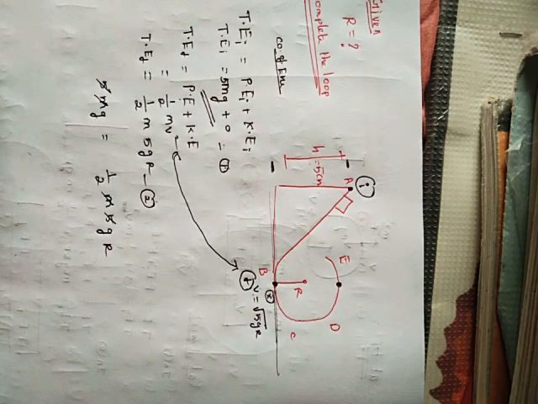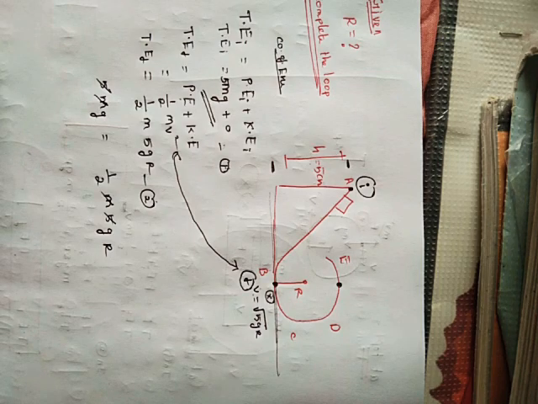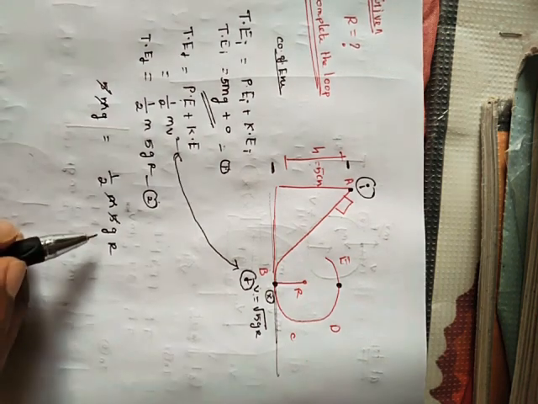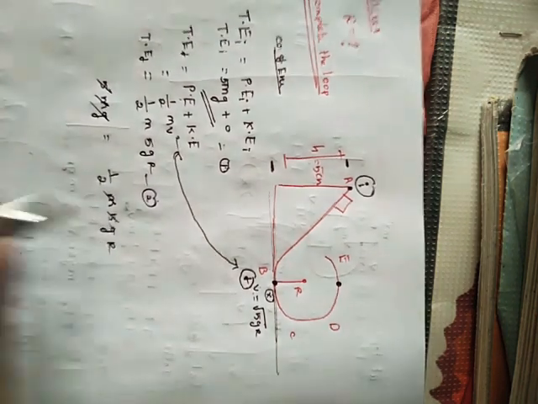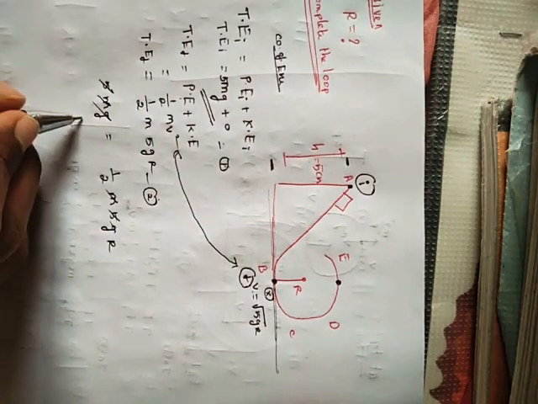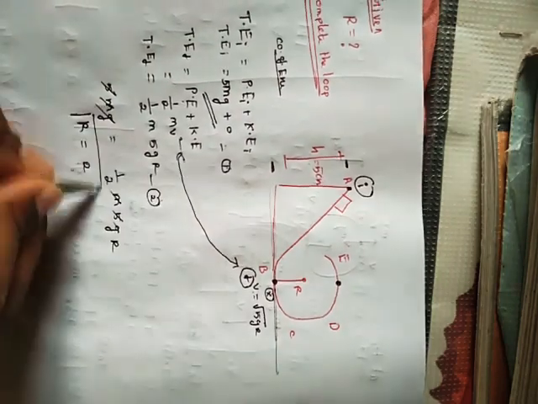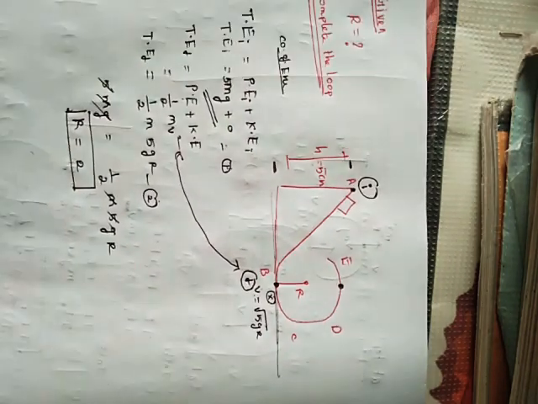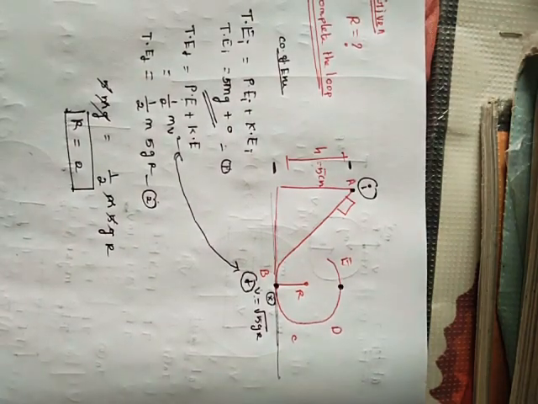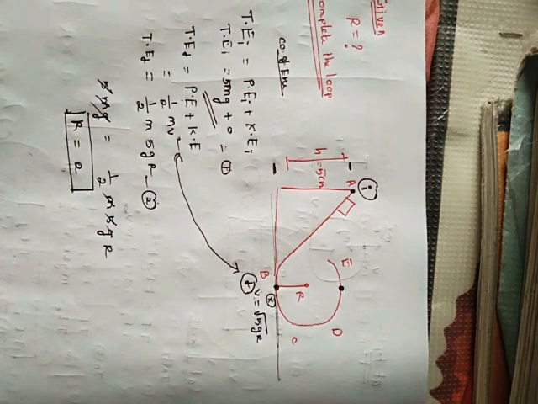What do we finally get? The value g also must be cancelled. Then the value of r would be 2. Simply we got the answer. How simple, you see? Very simple.